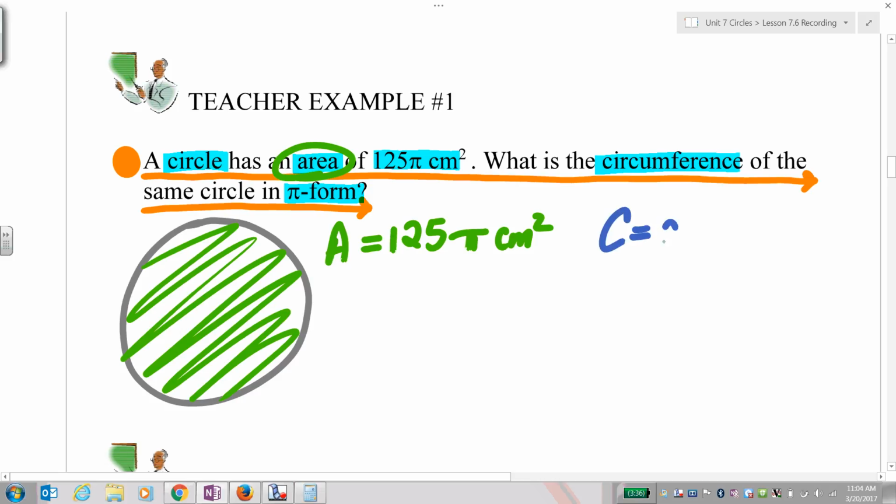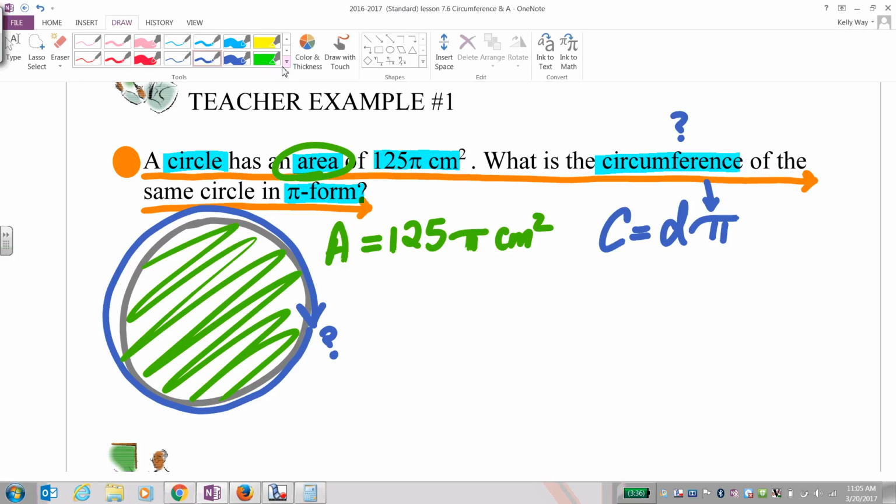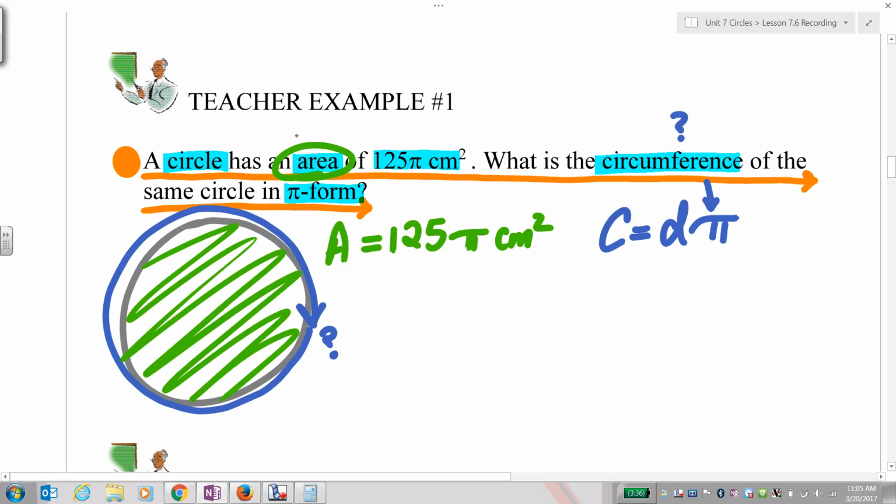Go ahead and write out the equation for circumference because that's what we want. Let's physically trace circumference. The easiest way to do this, since we're dealing with area, is to write down your area equals pi r squared.